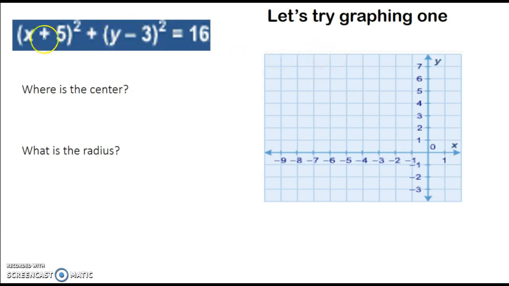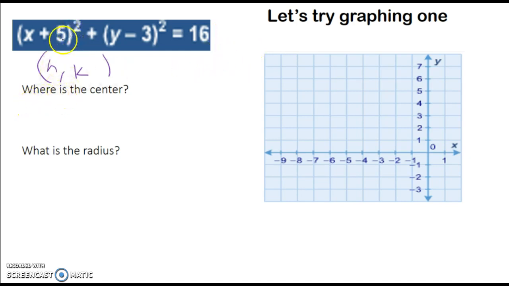What about this one? (x plus 5) squared plus (y minus 3) squared equals 16. Let's find the center, find the radius, and then let's graph it. So first of all, we need to find the center. Remember, that's our (h, k). And remember, it's (x minus h) squared plus (y minus k) squared equals r squared.